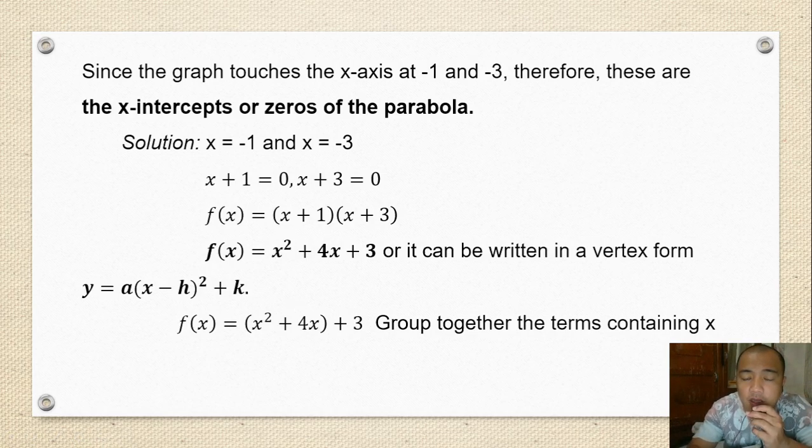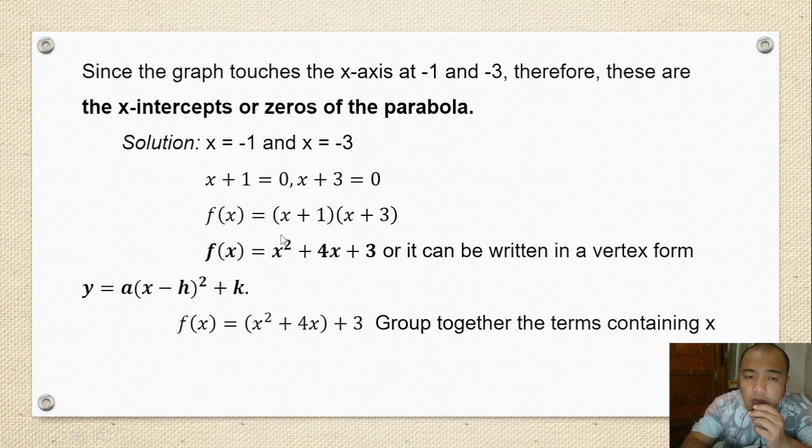So this time we will use the completing the square method. So this can be already accepted as the answer. But if the question is to find the equation of the quadratic function in vertex form, then at least you know how to rewrite this in its vertex form.